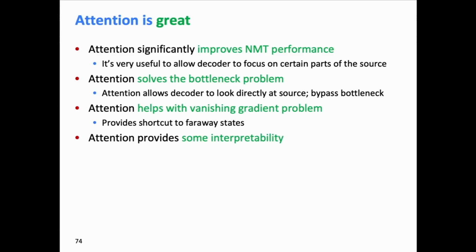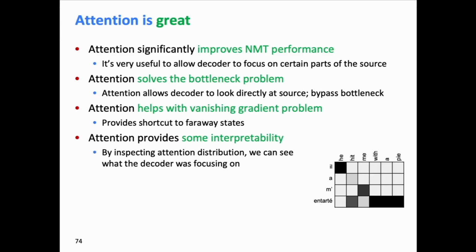Another great thing about attention is it provides some interpretability. If you look at the attention distribution after you've produced your translation, you can see what the decoder was focusing on at each step. So for example, if we run our system and we translate our running example here, we can produce a plot kind of like this that shows the attention distribution. Here, dark means high attention and white means low attention.